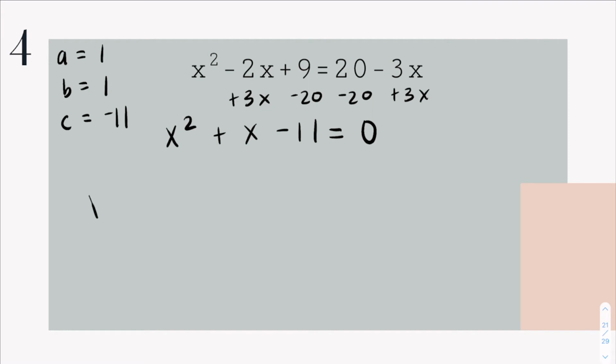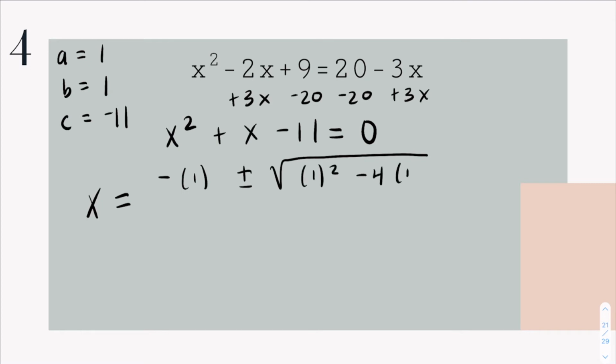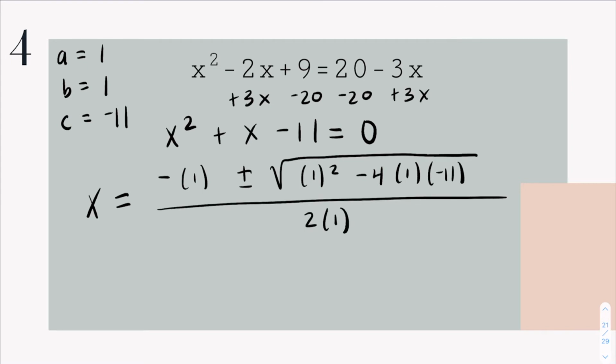Now let's solve using our quadratic formula. So we have x equals negative b plus or minus the square root of b squared minus 4 times a times c all over 2 times a. So now we're going to simplify our 3 parts.